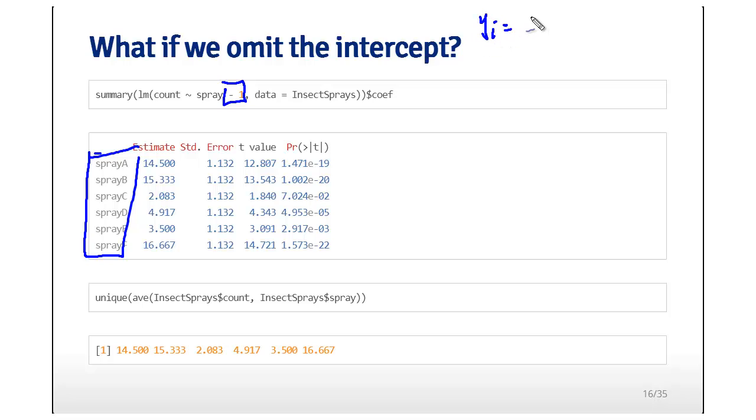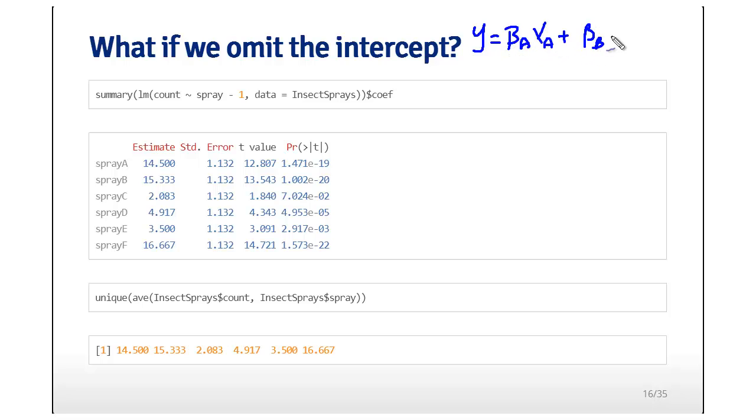yi equals, let's say, xa plus, I need an eraser. Is that y is equal, I'm just going to do pseudo notation, is equal to beta A xa plus beta B xb plus beta C xc, and so on, right?